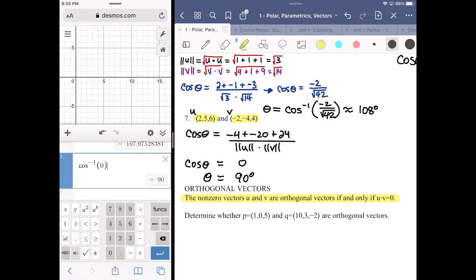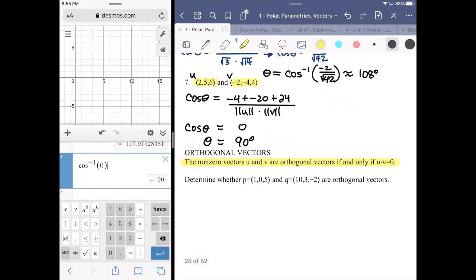The example that follows, number 7, is kind of a waste of an example because we already got one that shows orthogonality. So I would say, therefore, U and V are orthogonal. But if a question's just simply asking you, in the previous one it said find the angle, here it's asking you whether it's orthogonal.